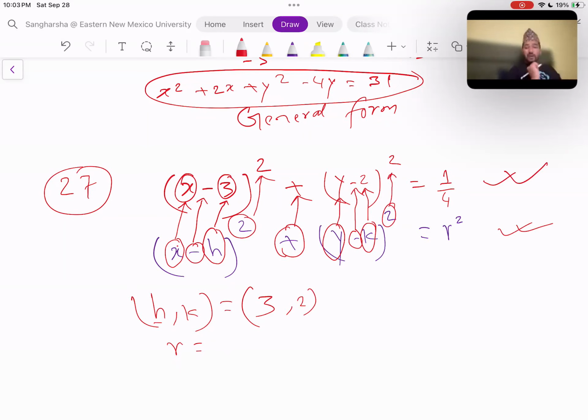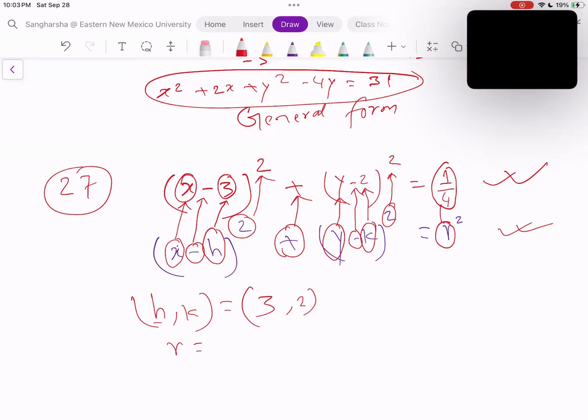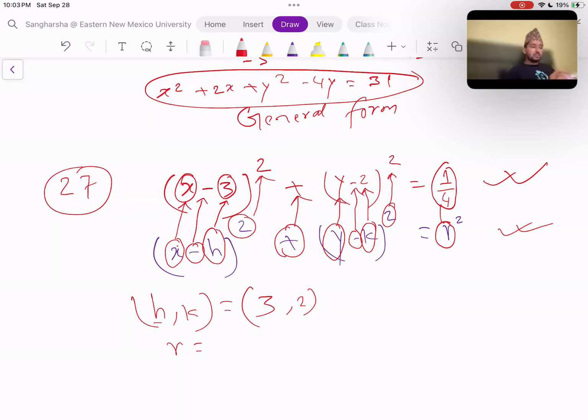Now we need to find the radius. Do you agree our r is 1/4? Is our radius 1/4, or do we have to rewrite this? We are given 1/4, so we don't have the square. It means we need to rewrite 1/4 with a square here.